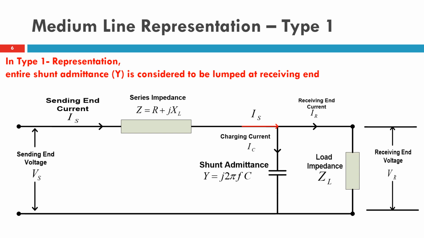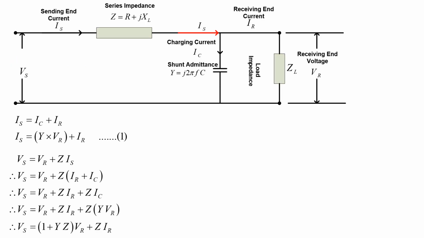With these discussions, we can now formulate the ABCD parameter equations. In the lecture on the short transmission line, I already said that ABCD parameters are required to relate the sending end quantities with the receiving end quantities.